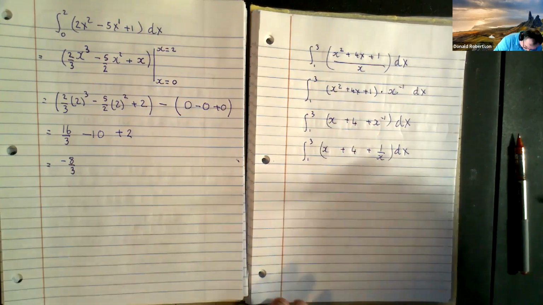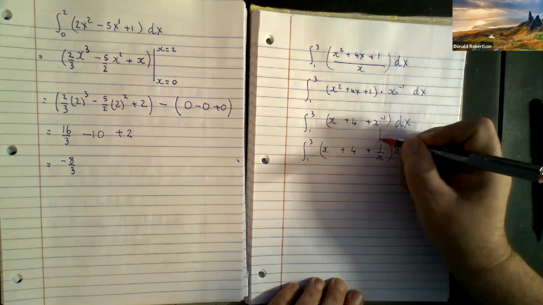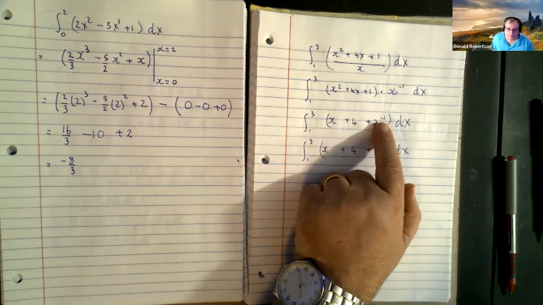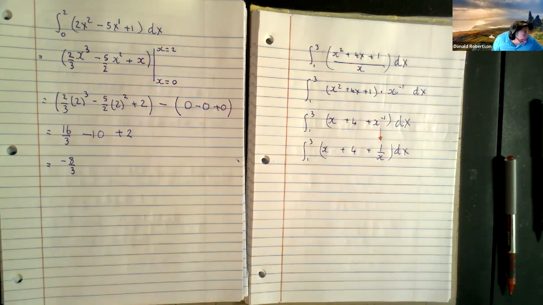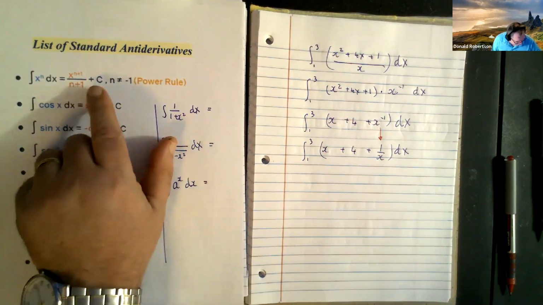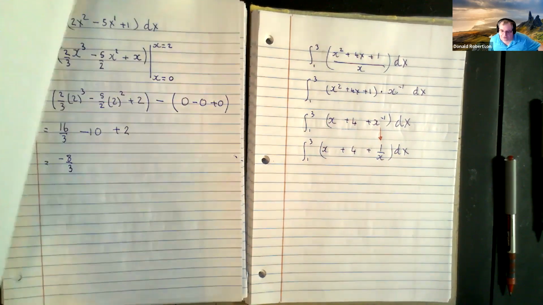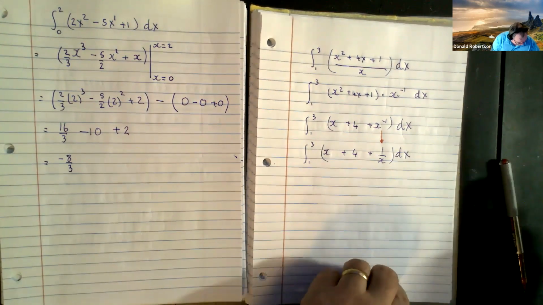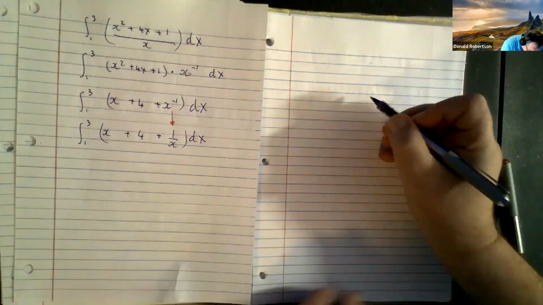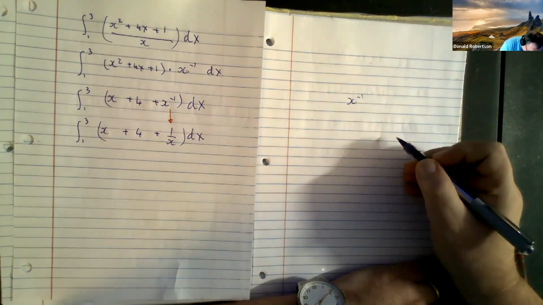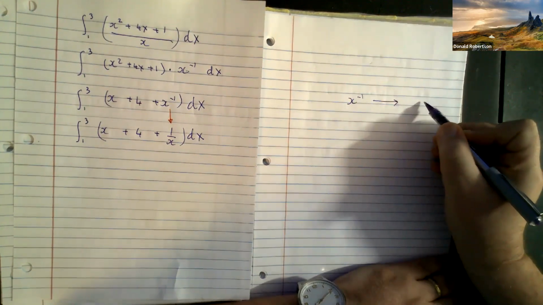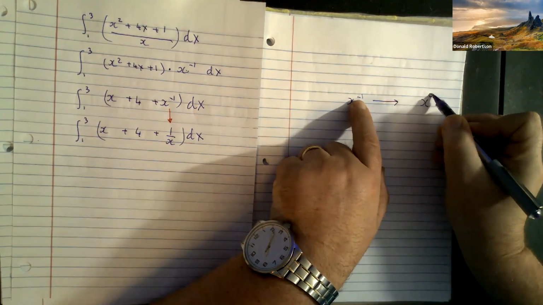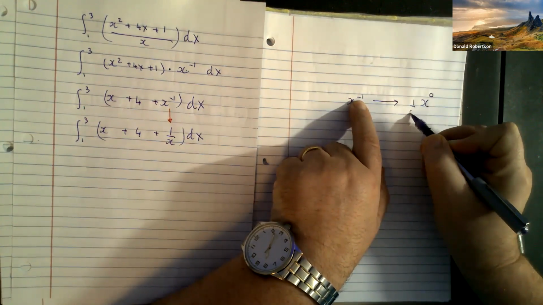Now, the reason that this one is a special case: you cannot use the power rule on x to the -1. The power rule says add 1 to the power and then divide by the new power. So let's do that at the side. Here is x to the -1. If I use the power rule on it, I will add 1 to the power, which is 0, and then I will divide by the new power.